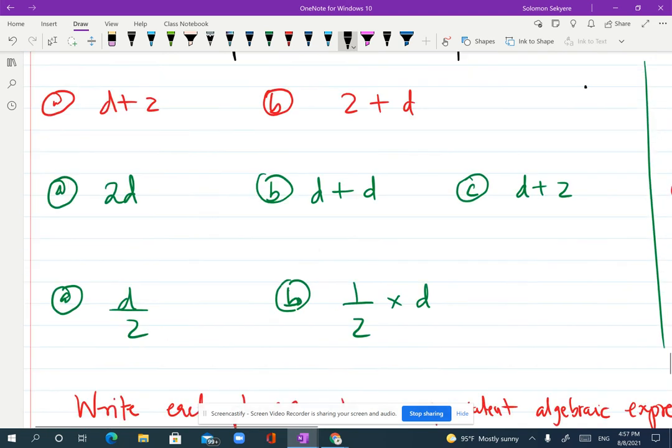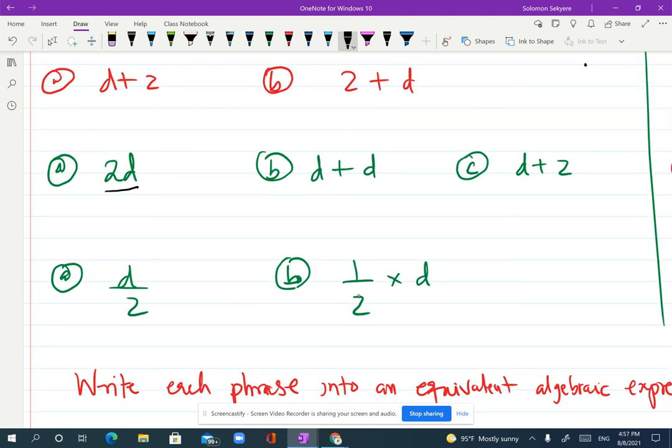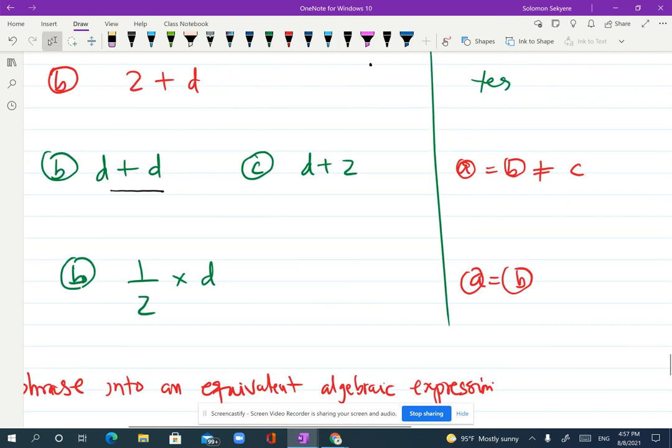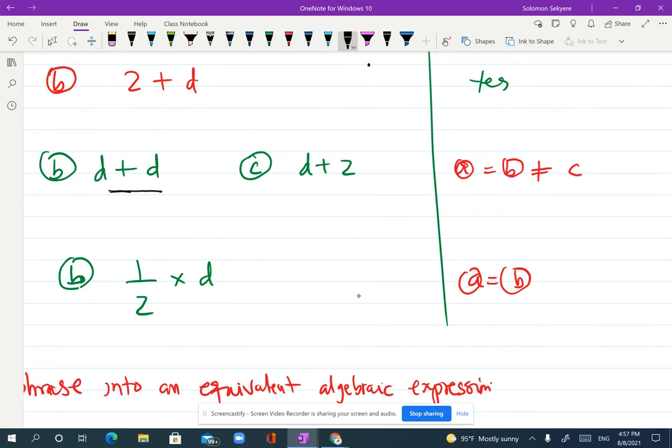What about 2D, which means 2 times D, D plus D, and D plus 2. 2D is twice D. So A and B are the same, but D plus 2 is not the same as D times 2. It's different, right? So 2 plus 4 is not the same as 2 times 4. These are not the same, right?